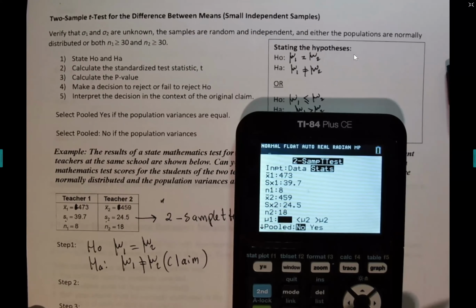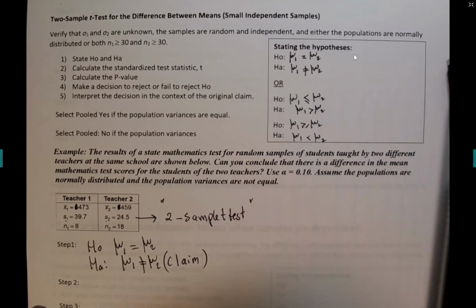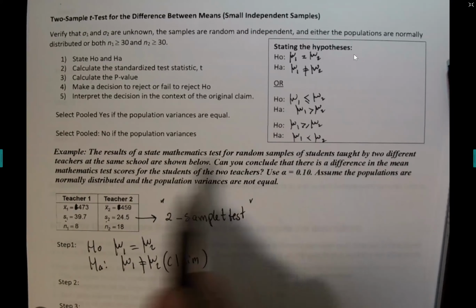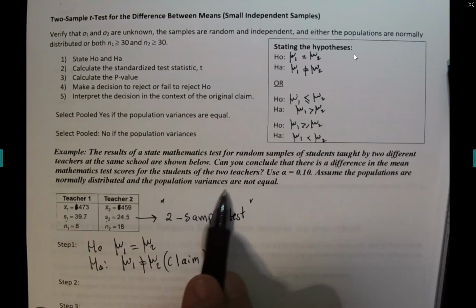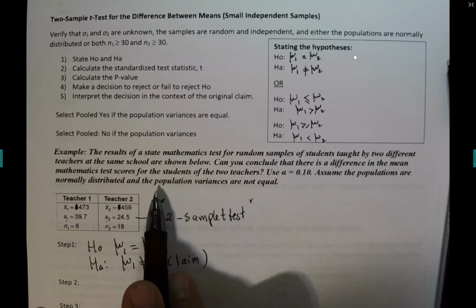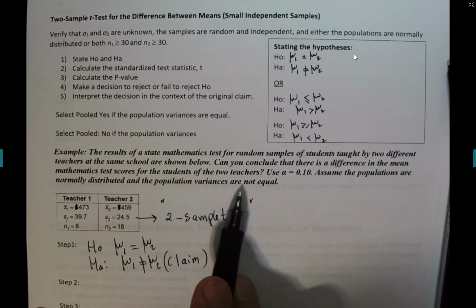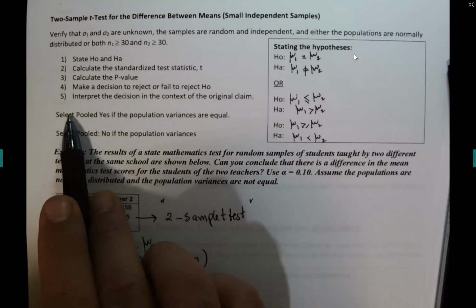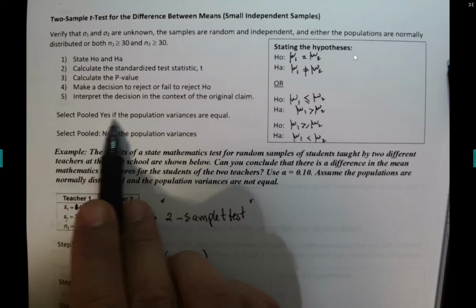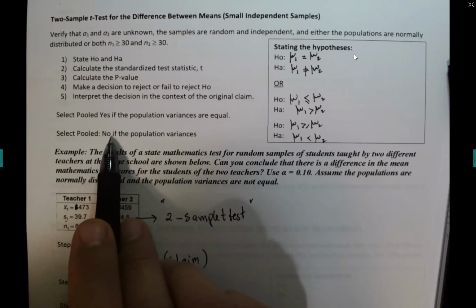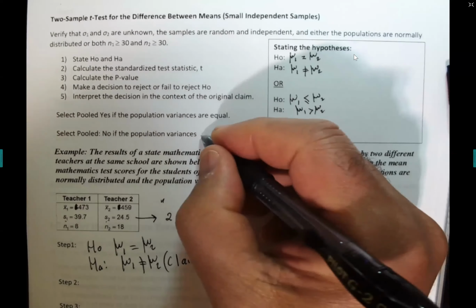Let me tell you how you decide whether it is a yes or no. If he says assume that the population variances are not equal, you select a no. And if he says assume that the population variances are equal, you select a yes. So if I go back here, select pooled yes if the population variances are equal, and select pooled no if the population variances are not equal.